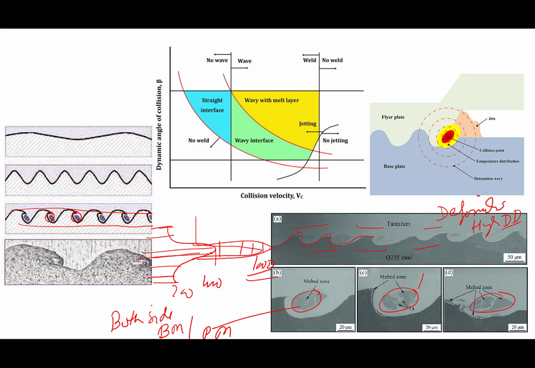So it may be contributed by both the metals, and that is why it is leading to the formation of the IMCs between the metallurgically incompatible metals. And if they are compatible, if they are soluble in each other, then certainly it will form a very good joint, because it will form the solid solution of the two.